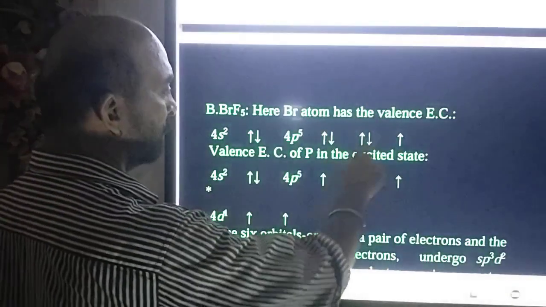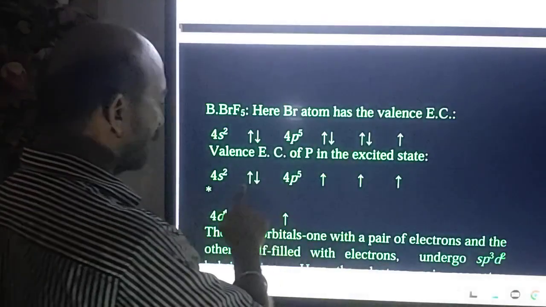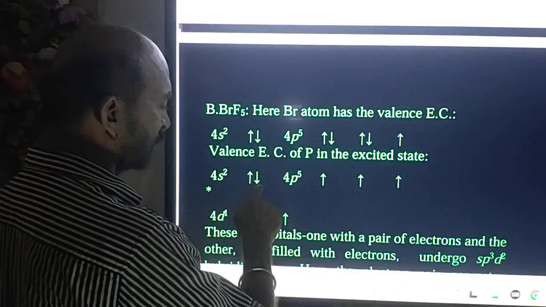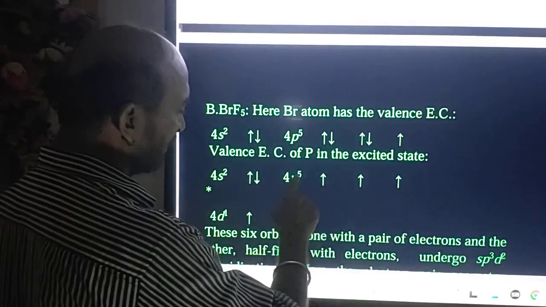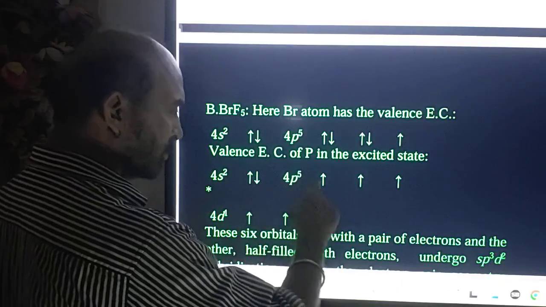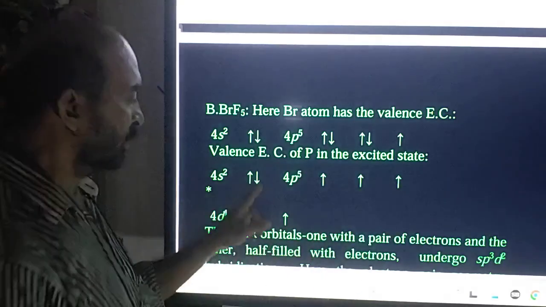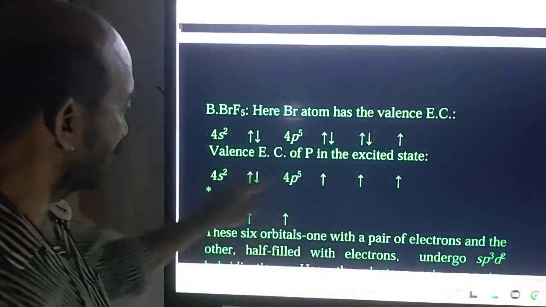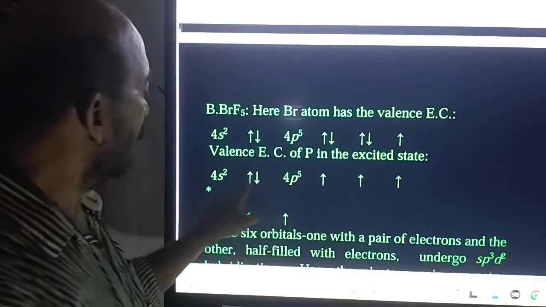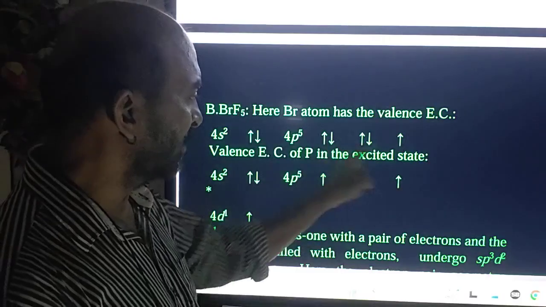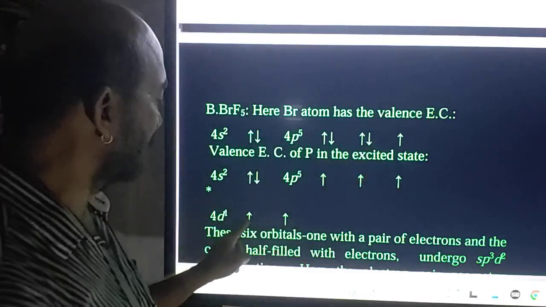You can take them from 4p. So what happens after excitation? The new electronic configuration, there are mistakes in the slide, is actually 4s2, 4p3 and 4d2, because the electrons get unpaired into the next d level.